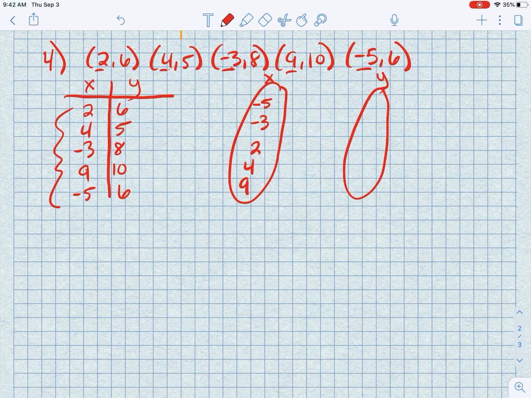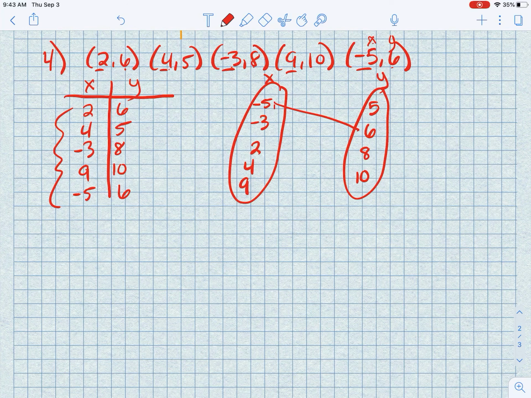And then list your y's, smallest to greatest. I have 5, 6. I have 6 twice. I don't need to list it twice. So 5, 6, 8, and 10. And then we're going to connect them. So when my x is -5, what's my y? -5, my y would be 6. So I connect them.